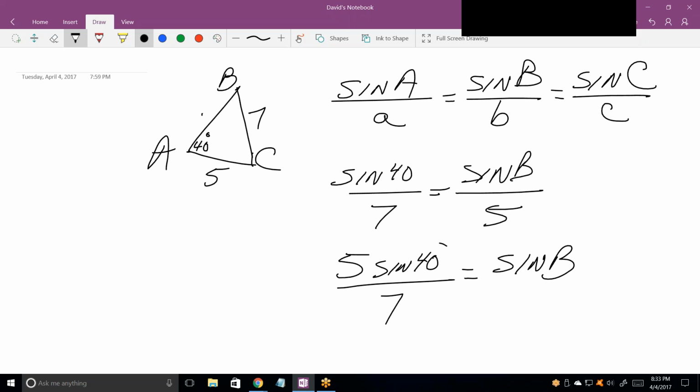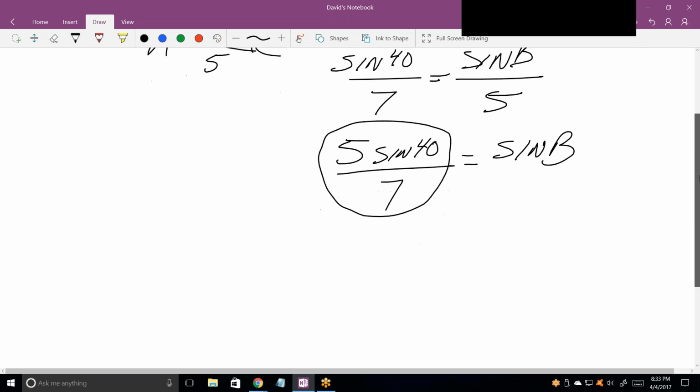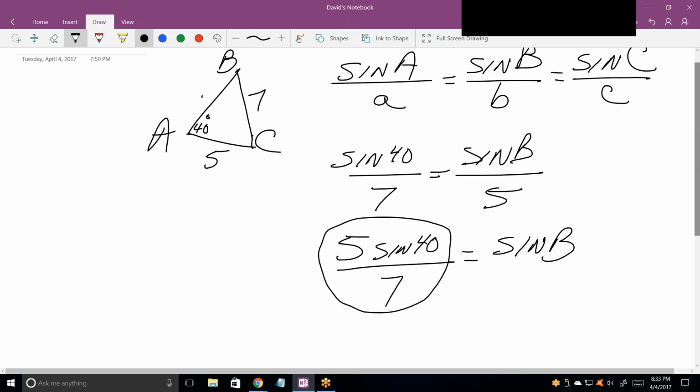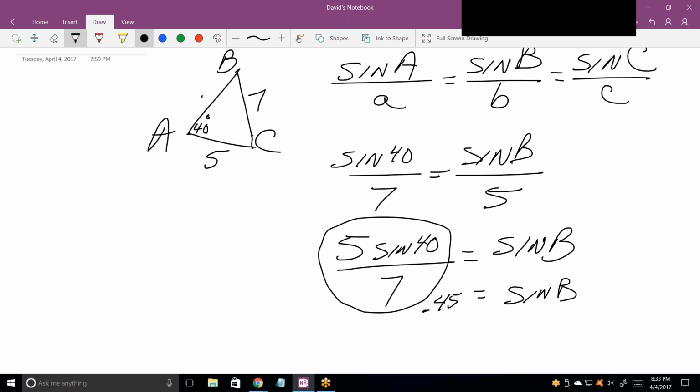Okay, now come up with a number for that. You have your calculator? Okay. Now figure out what B is. Would I do the inverse sine of 0.459?